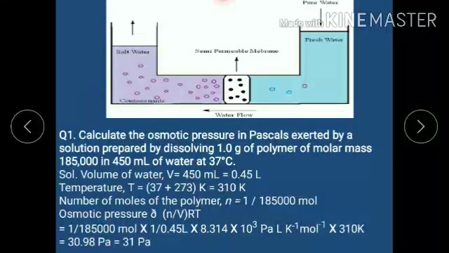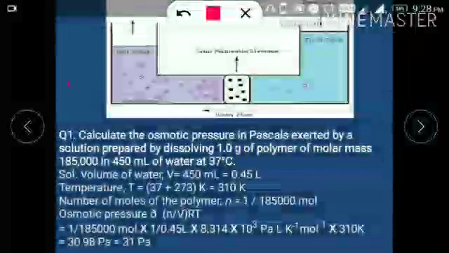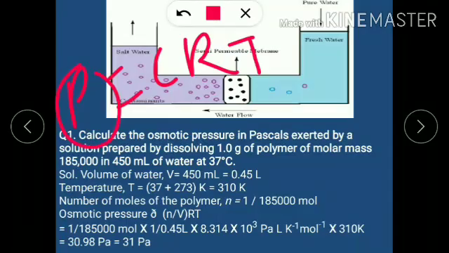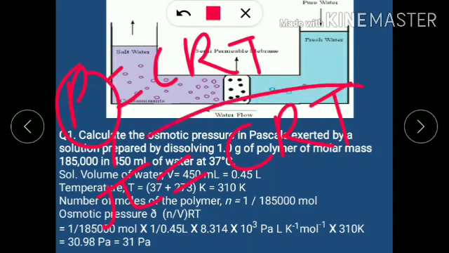So the final formula is P, or you can say pi, is equal to CRT. Pi is the osmotic pressure. C means concentration, R is the gas constant, T is the temperature, and pi is the osmotic pressure. Note down this formula. This is very important. You can solve the questions by this formula.